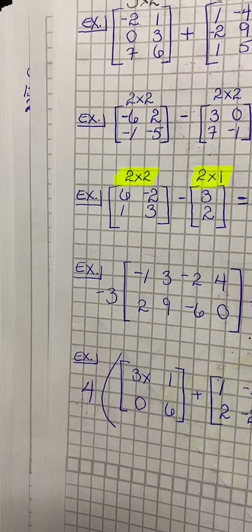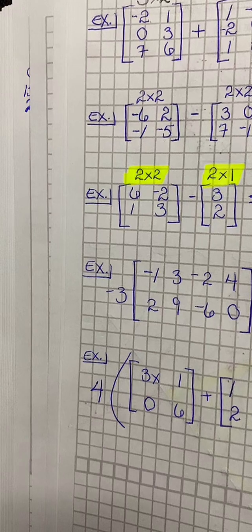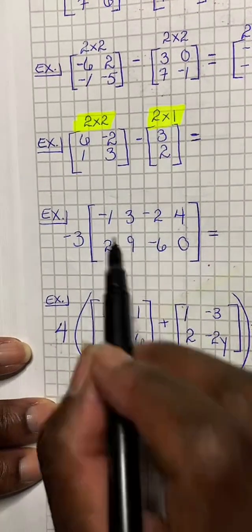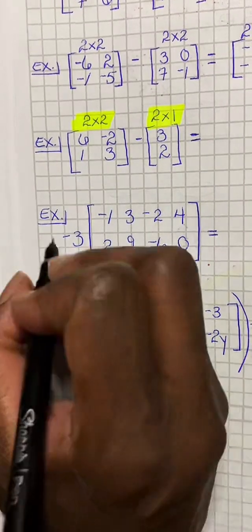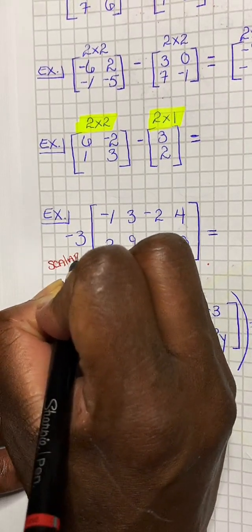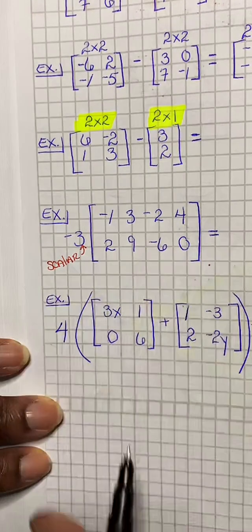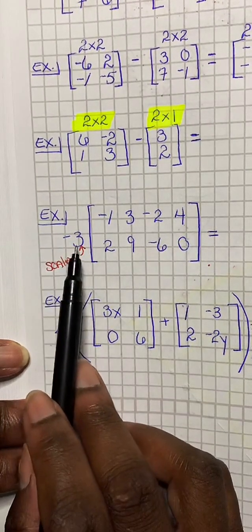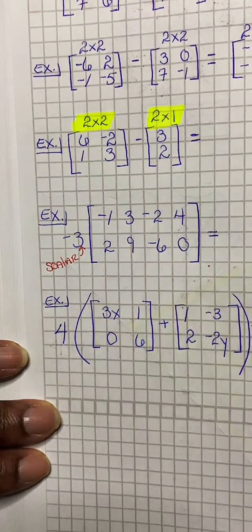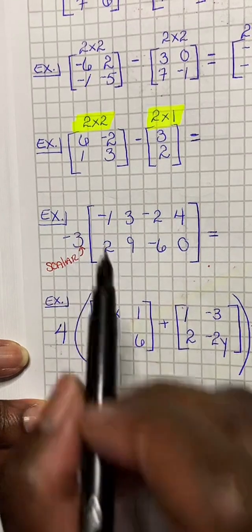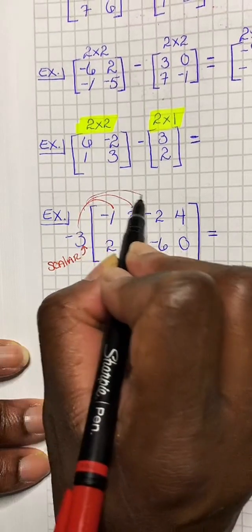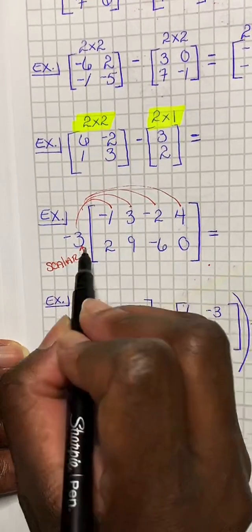Now, this next one is looking like a scalar. Okay? So we have this -3. So this is your scalar. So when you see a number outside of your matrix, all you're doing is distributing everything by this -3.